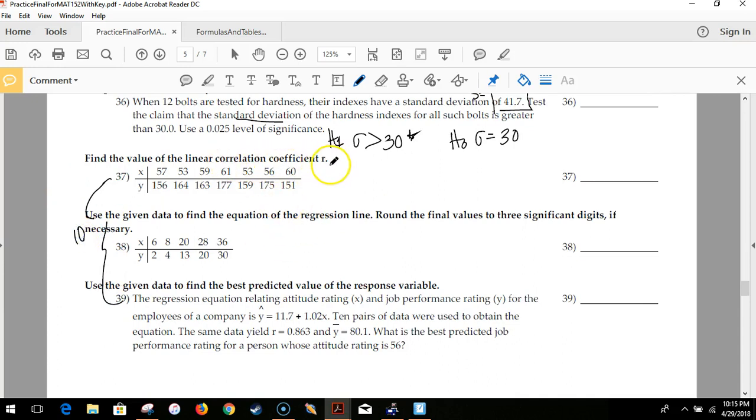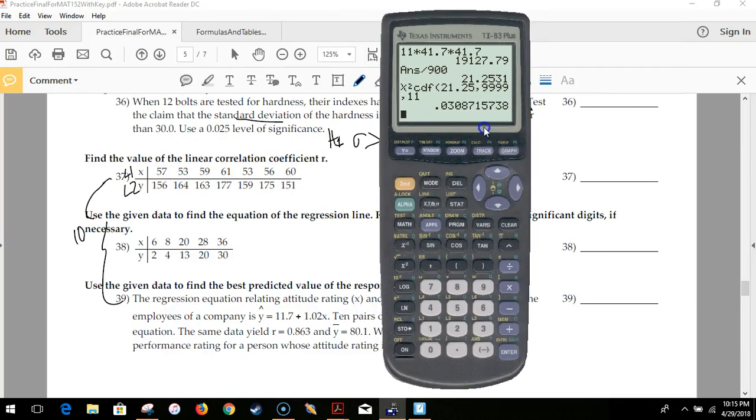Find the linear correlation. X goes into L1, Y goes into L2. And I'm going to cheat a little bit, and I'm not going to quite do the second question. Stat edit, I'm going to clear this out. Make sure when you're clearing these lists out that you still have an L1 and L2 in there, because the calculator defaults to those, and it will work in other ones, but you have to remember to tell it where to go.